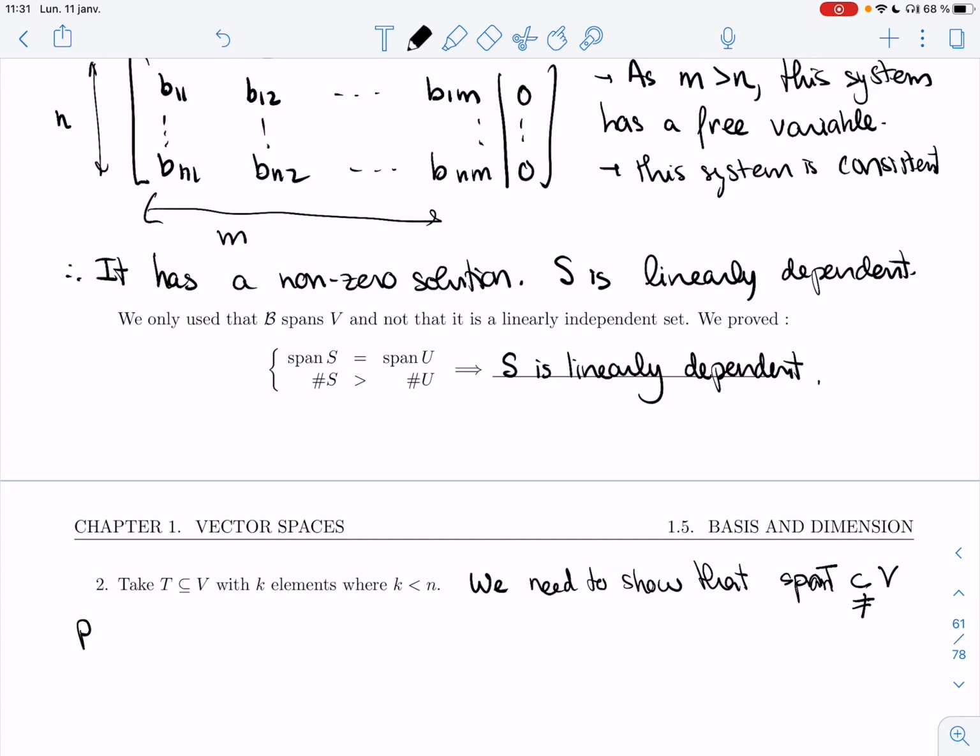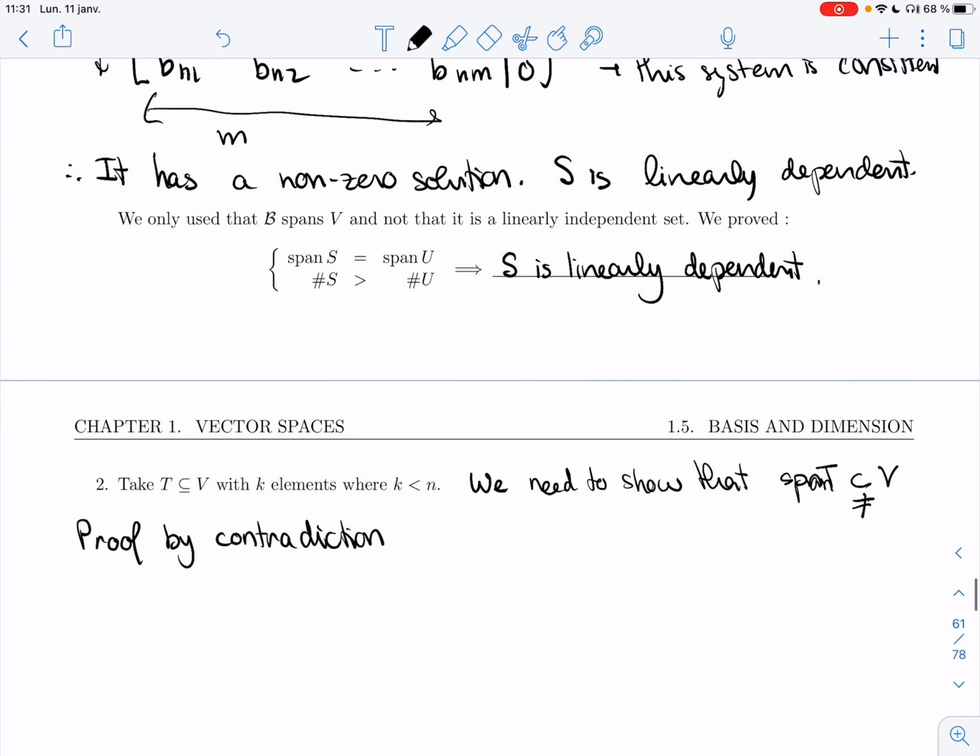And we're going to do a proof by contradiction. So that means we're going to assume exactly the opposite of what we're trying to prove, and we'll see that it makes no sense. We get a contradiction.